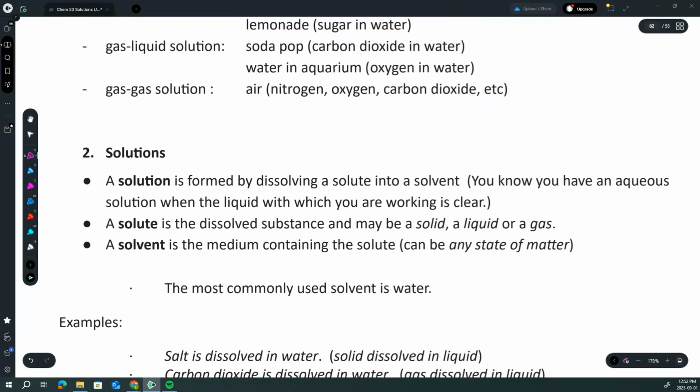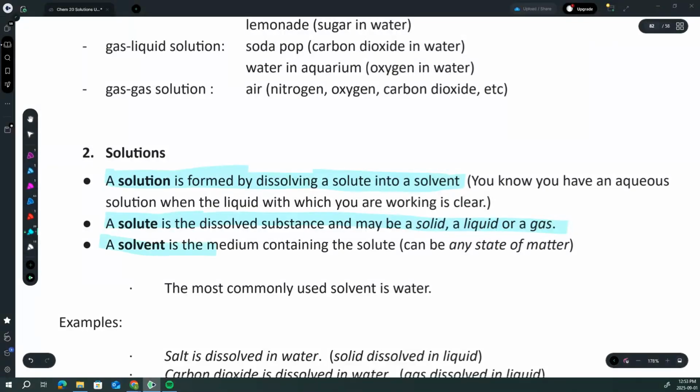Now, solutions, you do need to be aware of the different parts to a solution. What a solution is, is something that is formed by dissolving a solute in a solvent. A solute is the thing you're going to have less of, and it's a substance that gets dissolved.